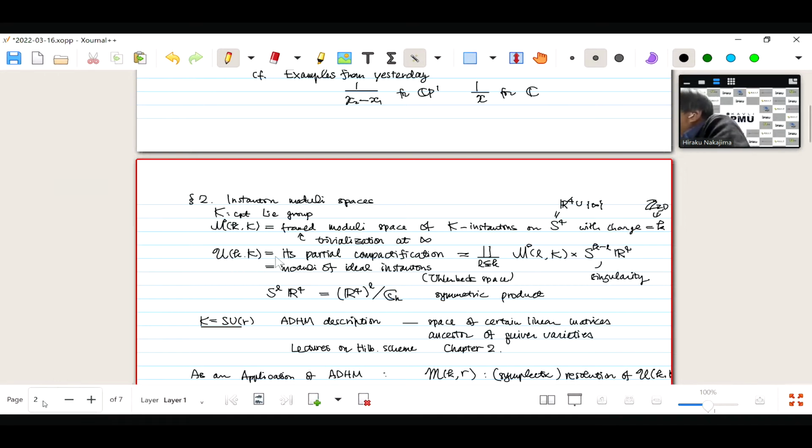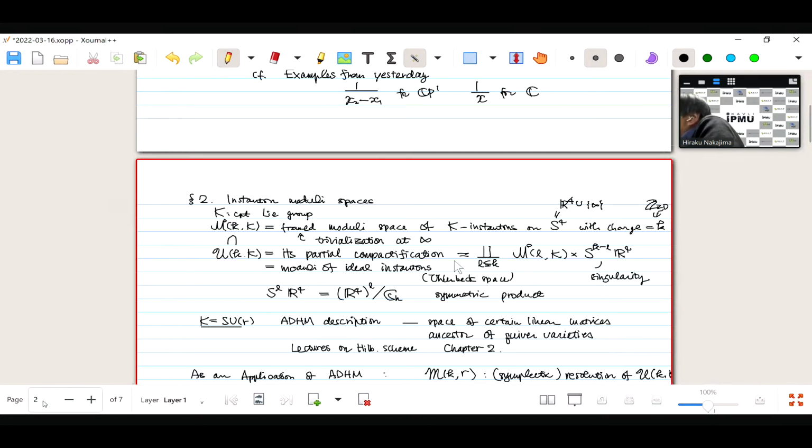But in fact, people noticed that it is better not to consider the compactification. Instead, better to consider a partial compactification, which is denoted by U of K, k. So U stands for Uhlenbeck. This space was first introduced by Uhlenbeck.